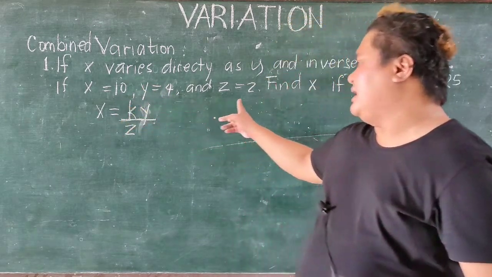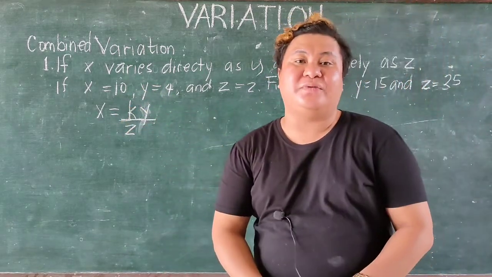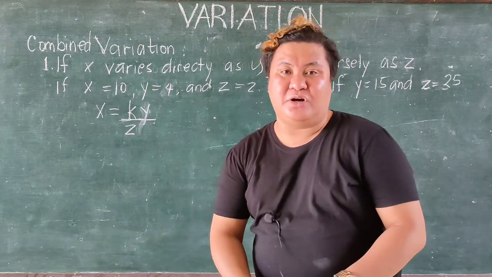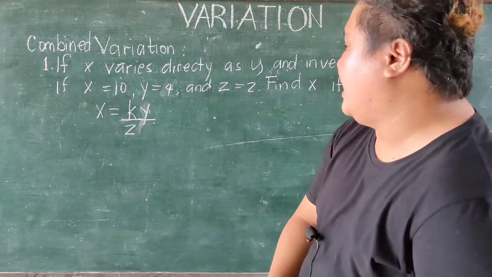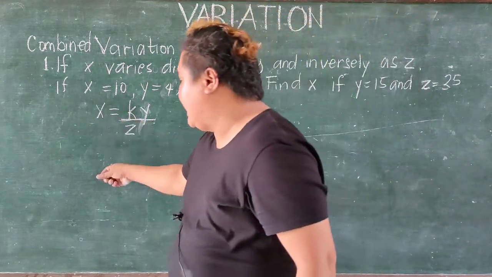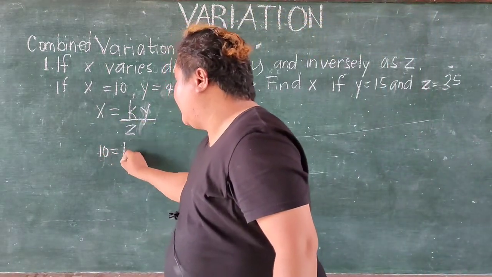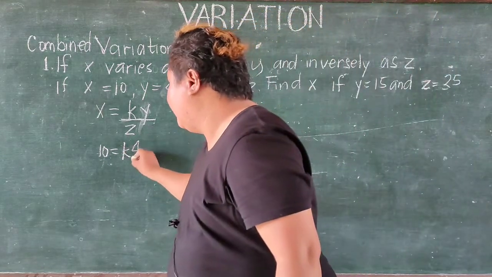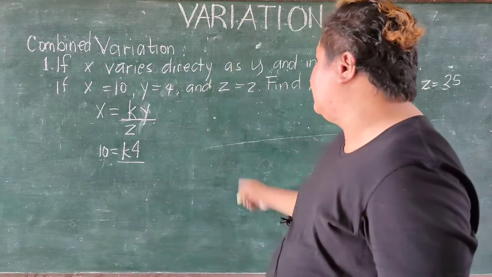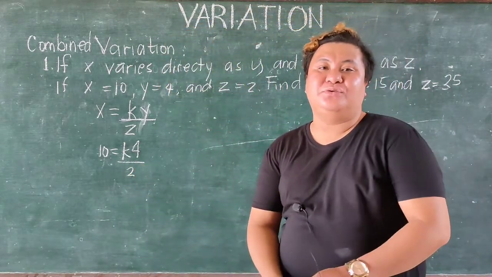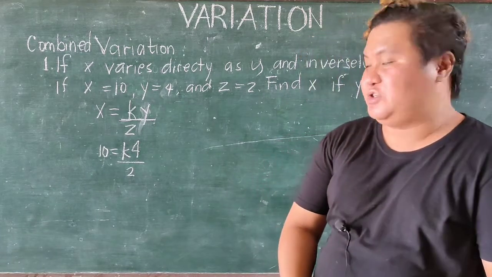Given the values of x, y, and z, we are going to first find the value of the variation constant. So we are just going to substitute. The value of x is 10, equal to k. The value of y is 4, and the value of z is 2. At the bottom, we have to do a cross multiplication.